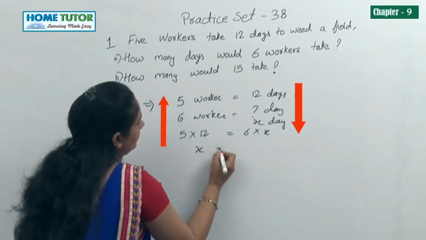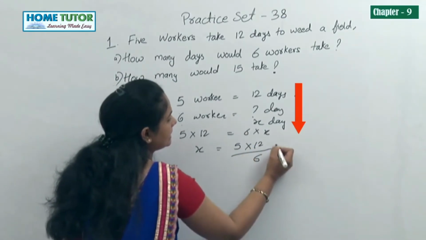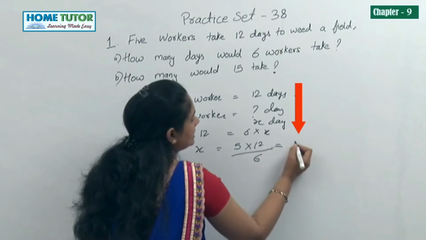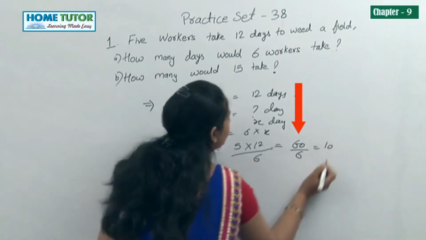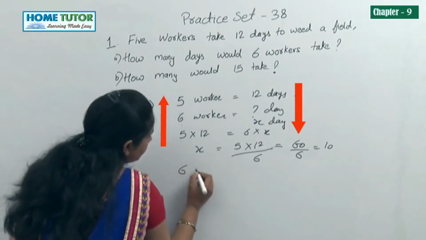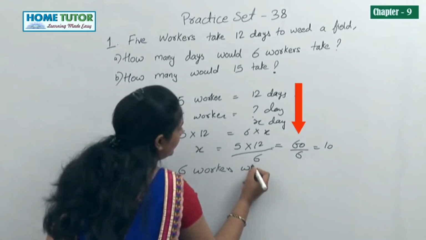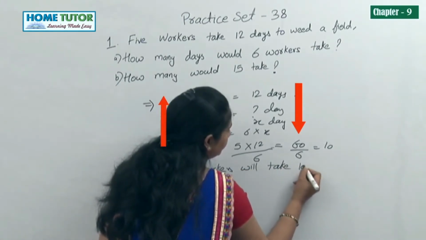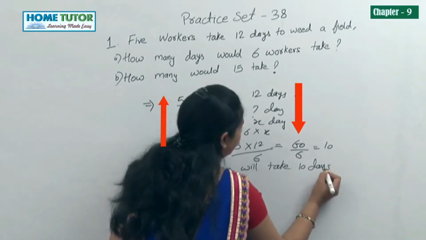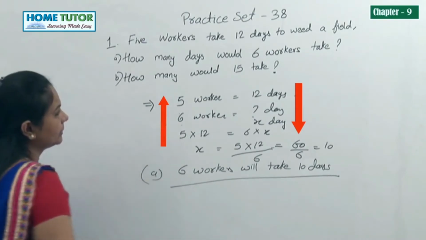So the value of x is equals to 5 multiplied by 12 divided by 6. So 5 12s are 60, divided by 6 is equals to 10. Means 6 workers will take 10 days. This is your answer A.